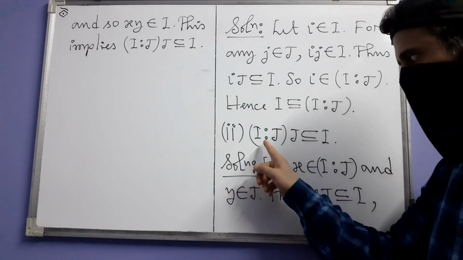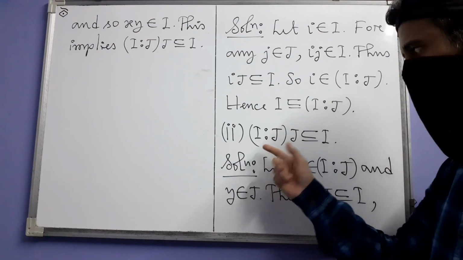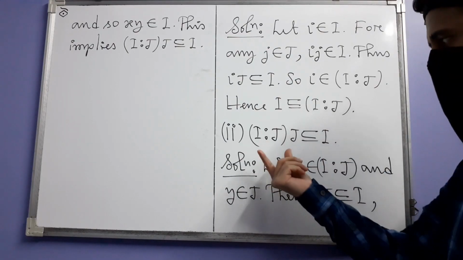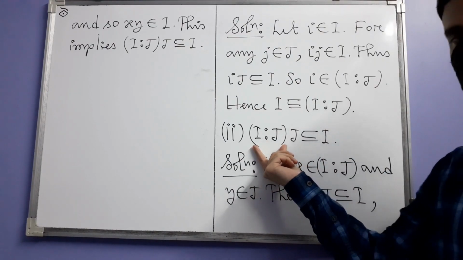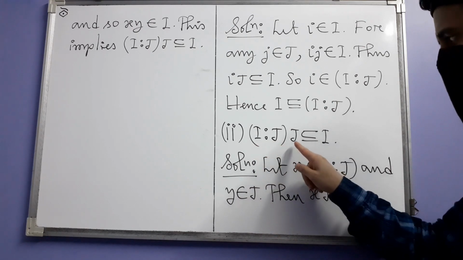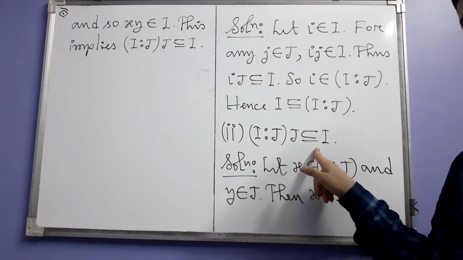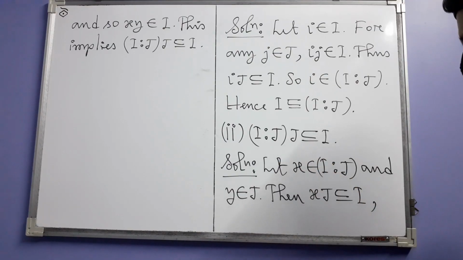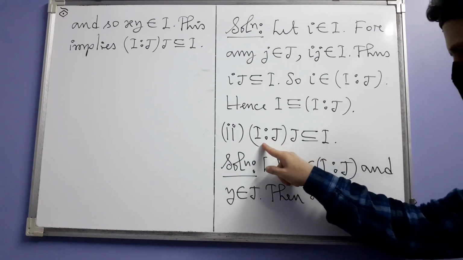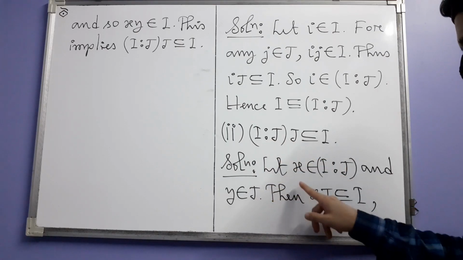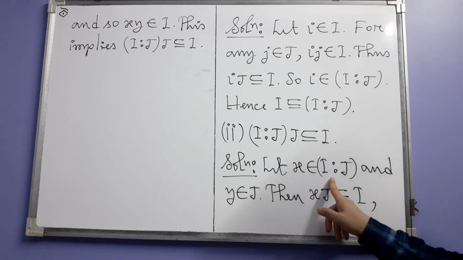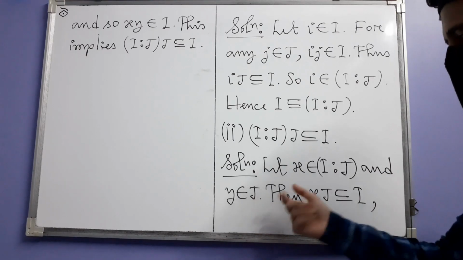In part 2 we have this product of two ideals. The first ideal itself is the ideal quotient of I and j, and the second ideal is j, and this product is contained in I. This is what we have to prove. So what we do, we take any element in this ideal and any element in j. Let x be an element in the ideal quotient and y be any element in j.